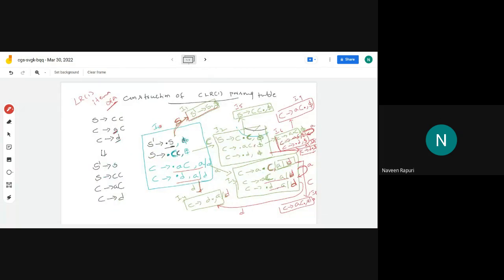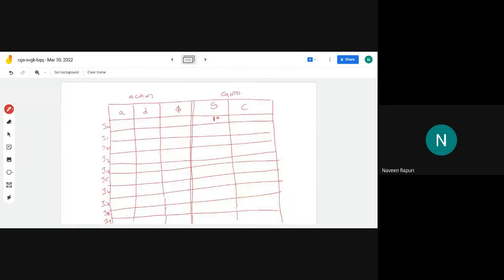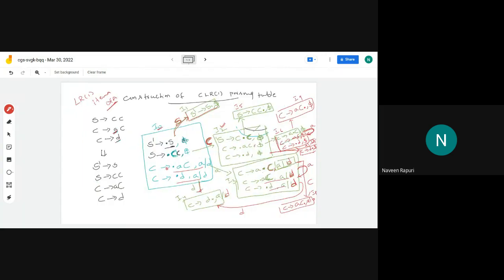I0 on capital C. I0 is the state. By getting capital C, we are moving to I2. That means I0 on C, we are moving to state 2, sir. And I0 on small a, we are moving to I3. But here it is a terminal symbol.